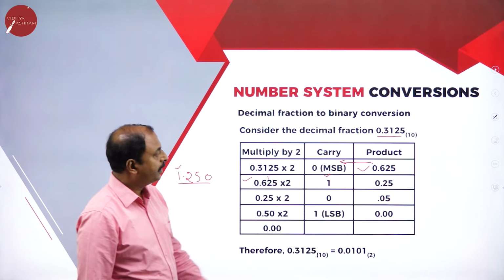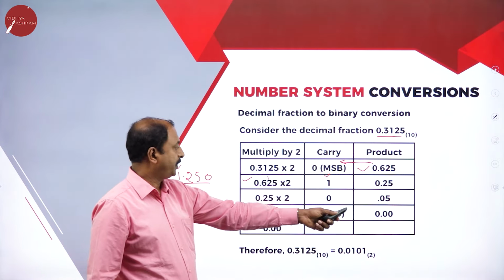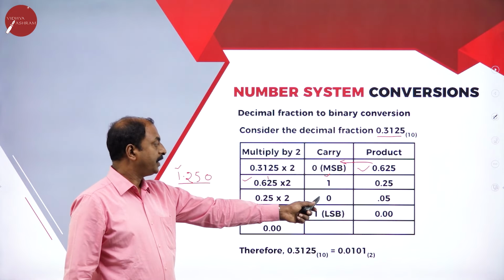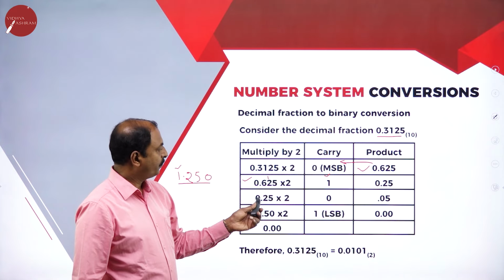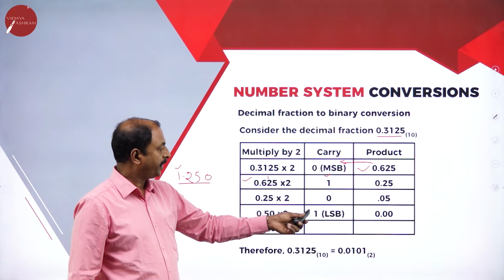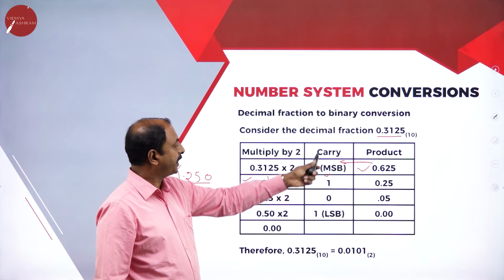When you multiply 0.25 by 2, we get 0.50, and we store 0 as a carry. Again, 0.50 into 2, you will get 1.0. So this 1 we store as carry here.